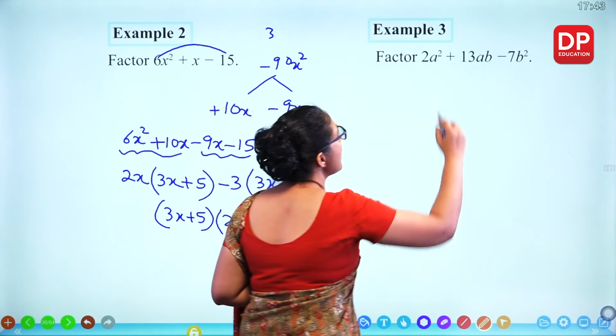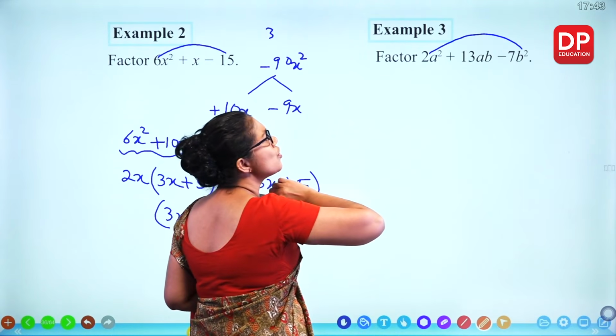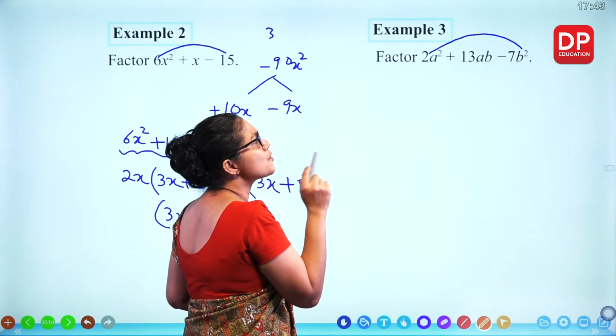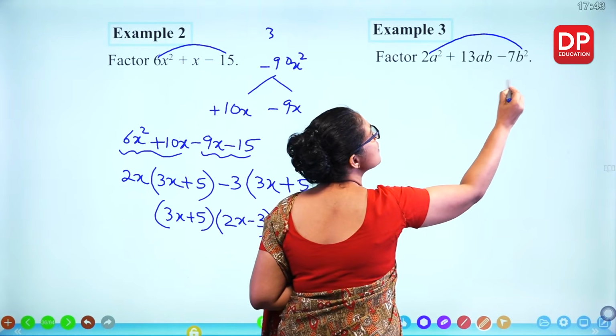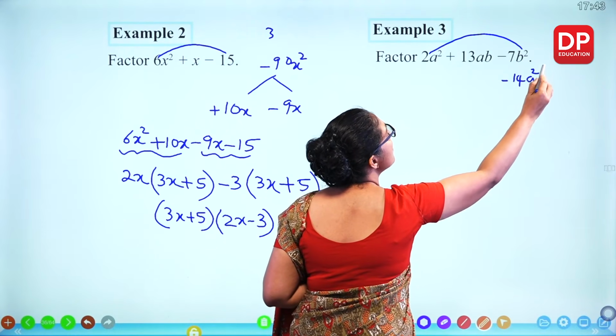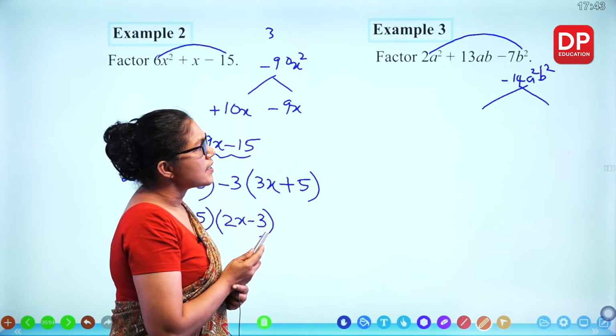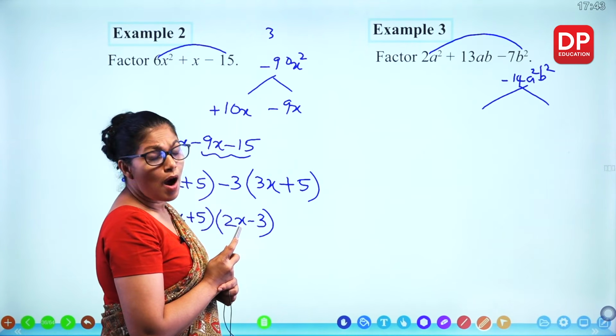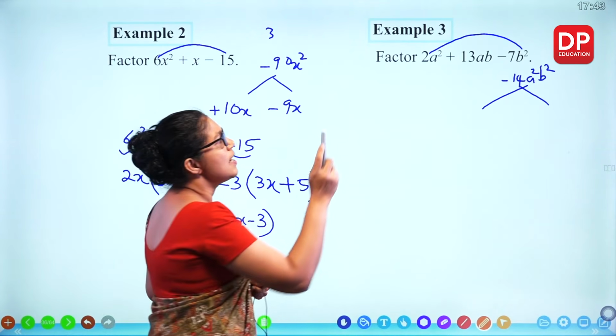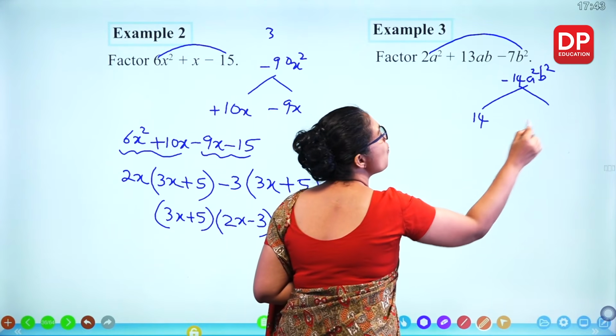So here again you have to multiply these two. When you multiply these two, 2 and minus 7 becomes minus 14 a squared b squared. Now try to split the factors. How do you get minus 14? 14 and 1.